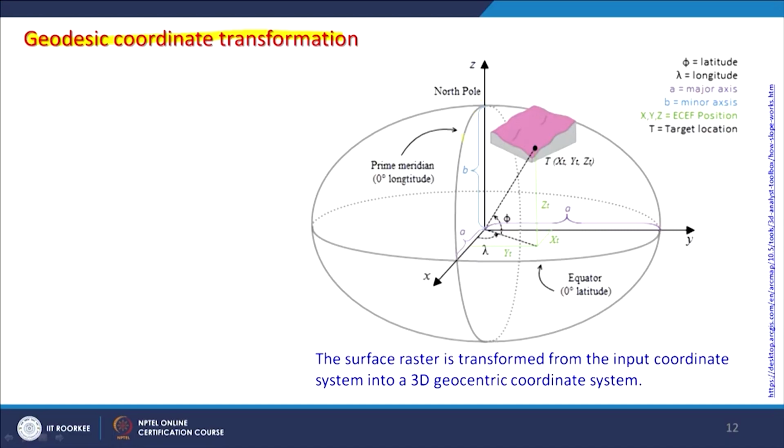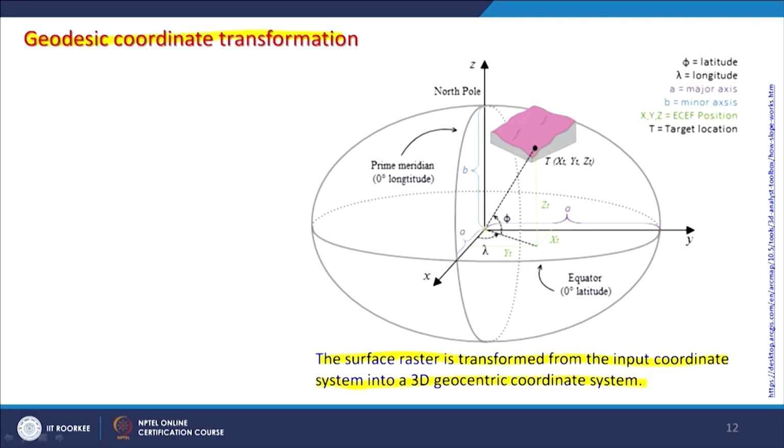So, here is a slightly exaggerated figure for the polar regions, just to explain that the surface is transformed from the input coordinate system into a 3D geocentric coordinate system, that is ECEF, Earth-Centered, Earth-Fixed.